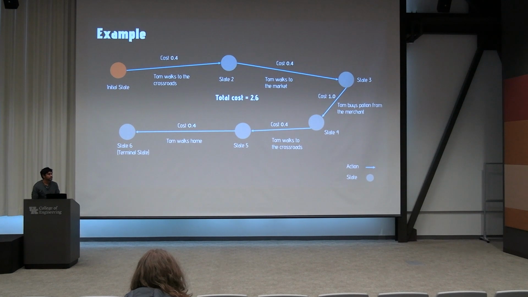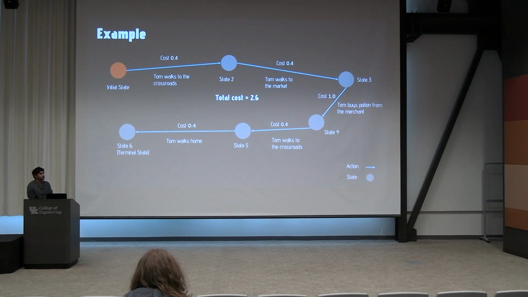So maybe just saying smallest number of actions will not be that accurate. Actually, Tom can just not buy the potion from the merchant. So maybe more well defined is, I have several goals, like I need to buy something and get home. With those conditions satisfied, then we try to find a minimum path to achieve the goal. So it's like a restricted minimum path problem, instead of just saying I try to speed up a search process, we try to define what the end product will be.